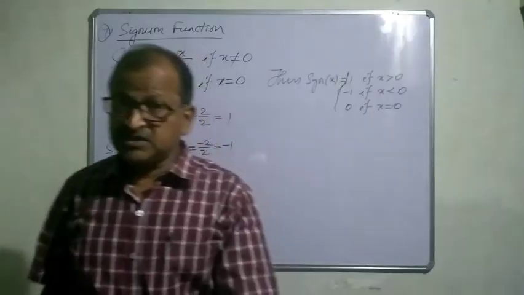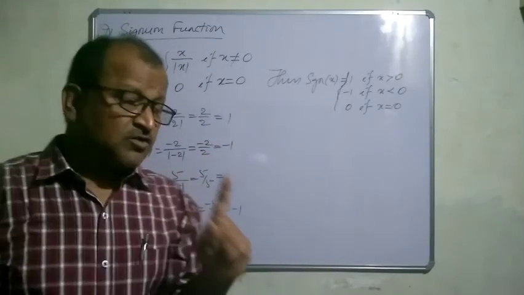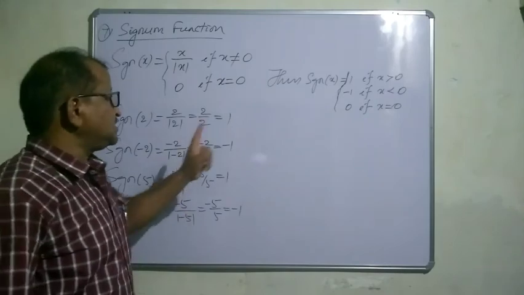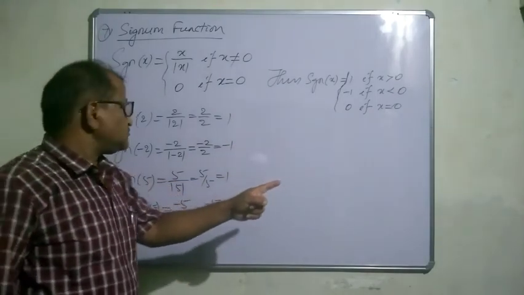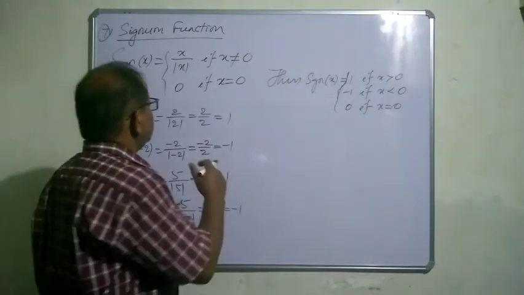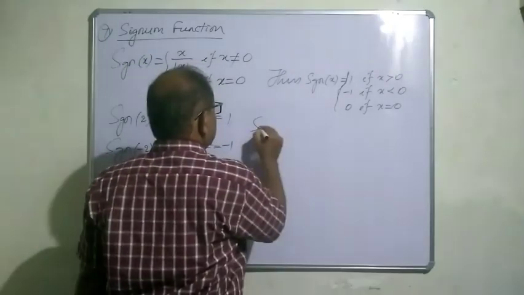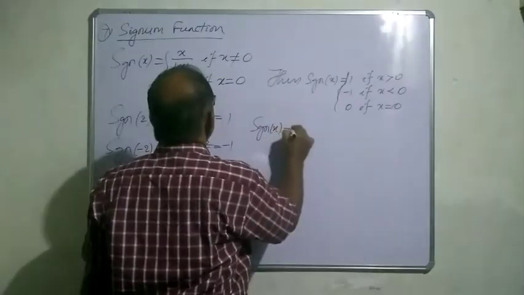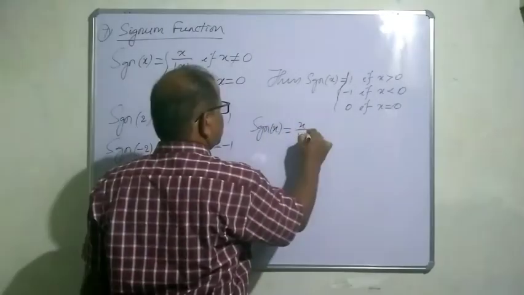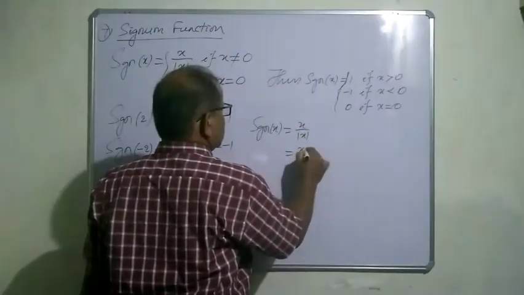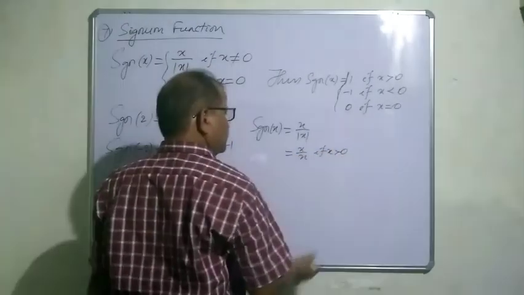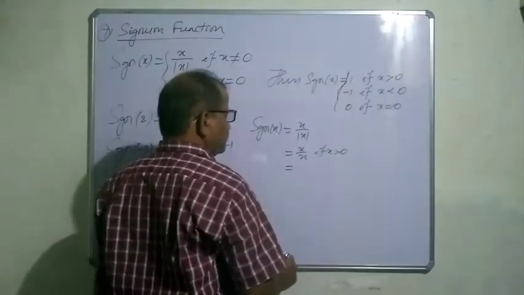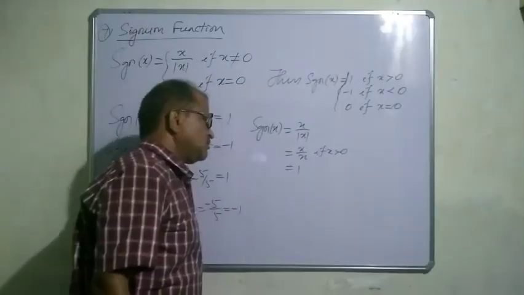The value of signum function is equal to 1 when x is greater than 0. It can be observed from the function SGN x is equal to x by modulus of x, that is x by x if x is greater than 0. By definition of absolute value function, it will be 1.